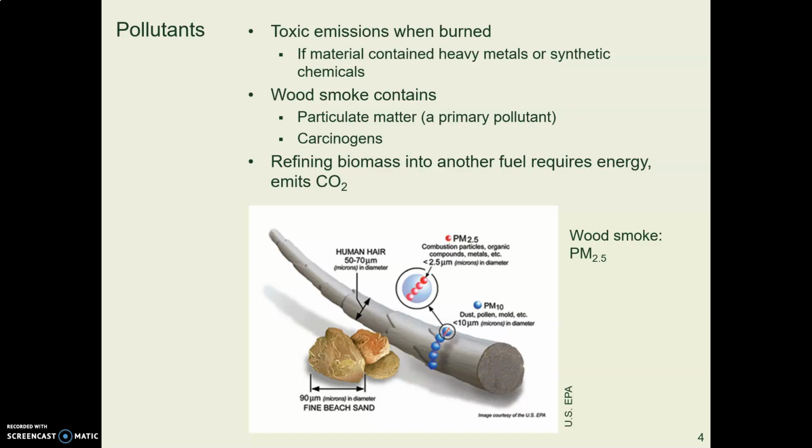There's another kind of pollutant that comes from burning biomass, and it's called PM2.5, which I list down here next to the words wood smoke. PM is an abbreviation for particulate matter. And particulate matter is just any kind of particle that's floating in the air.